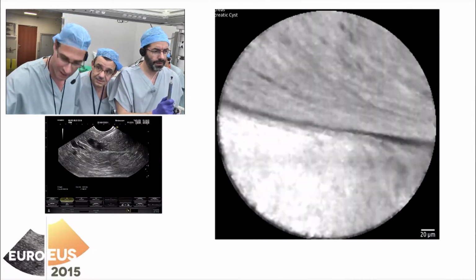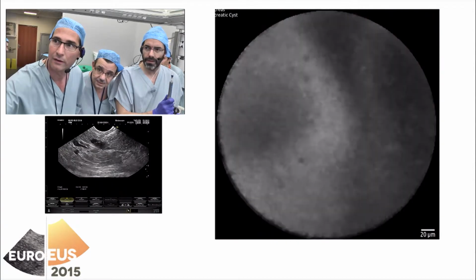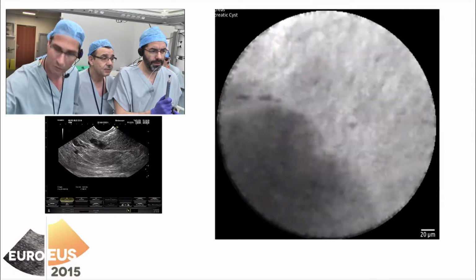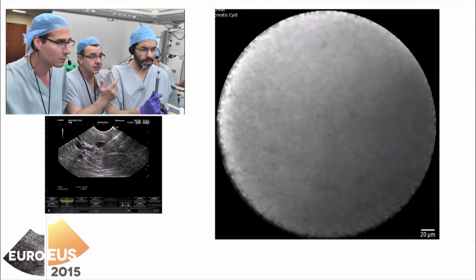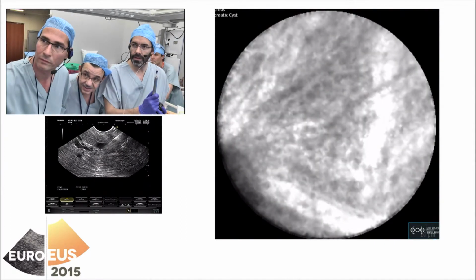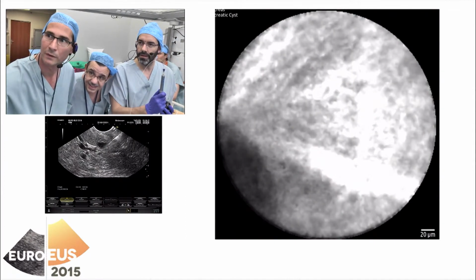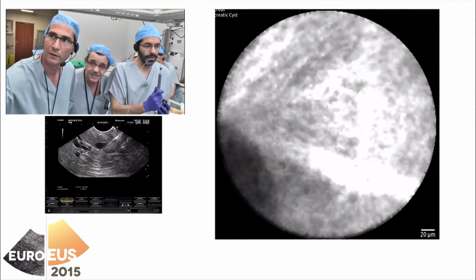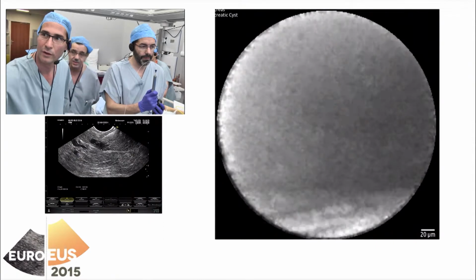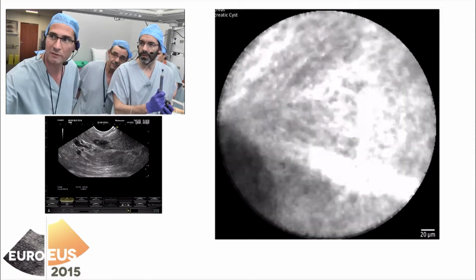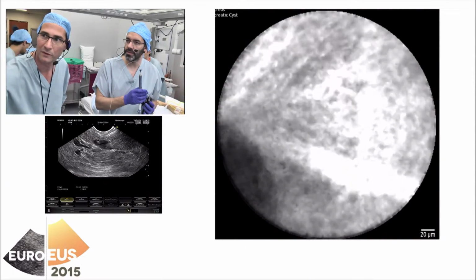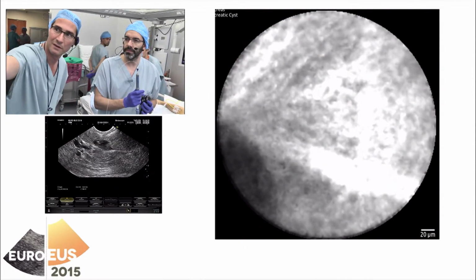But we saw it. Maybe if you change the position of the needle, yes, like this. Yes, yes, wow. This is typical. There's a lot of vessels in different directions. So this is the typical aspect of a serous cystadenoma. Zero cyst here.